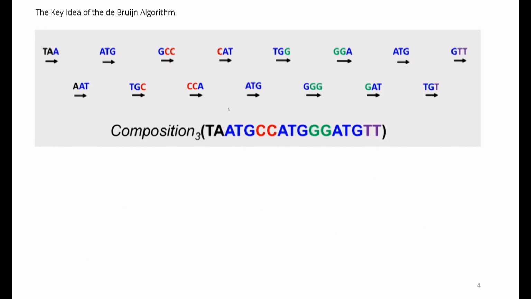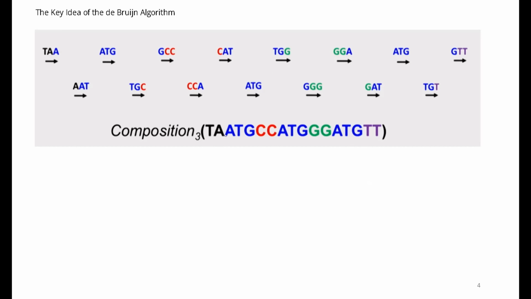It takes some composition, for example a read, and divides it into chunks using the concept of k-mers, where k is the length of the chunks.